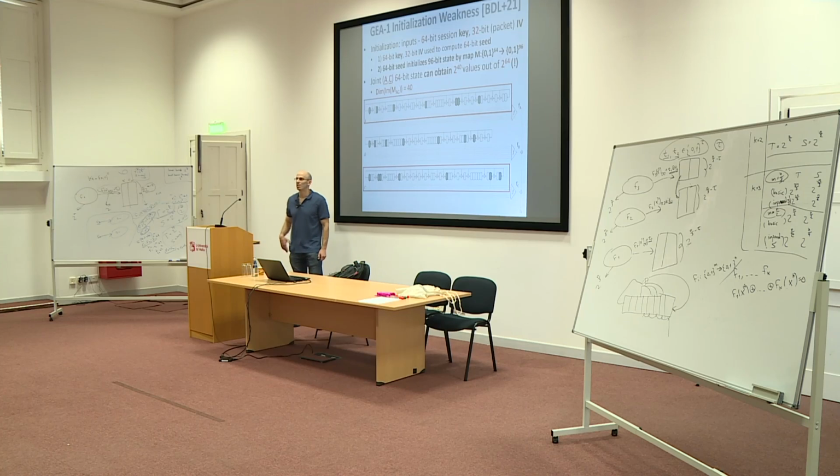And how was this bias discovered? Again, it's not my result, but there were 8 authors. I think Gaetan is one of them. He's sitting in the room. Basically, the specification was disclosed to them, and they started running some tests, and they saw that this mapping, when you restrict it to these two registers, is degenerate.